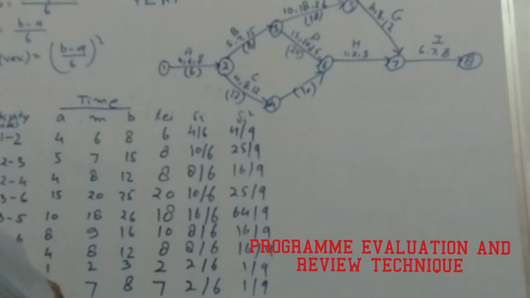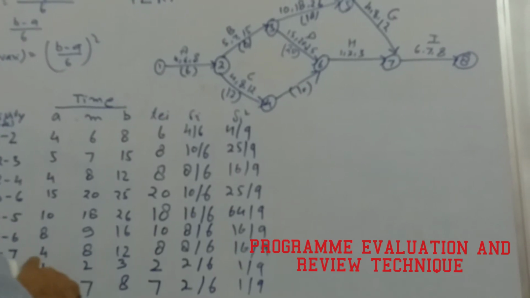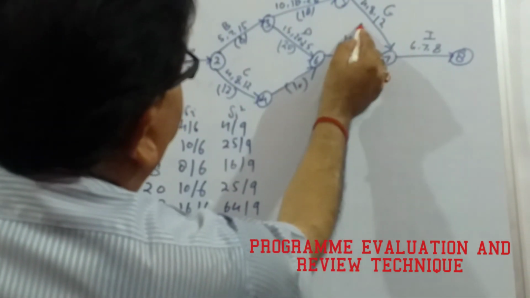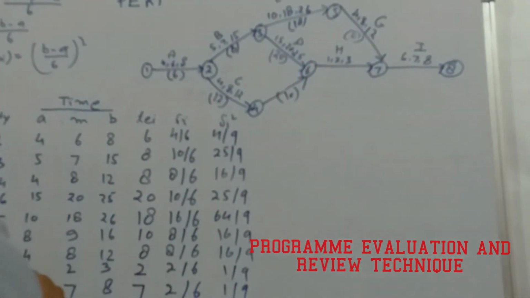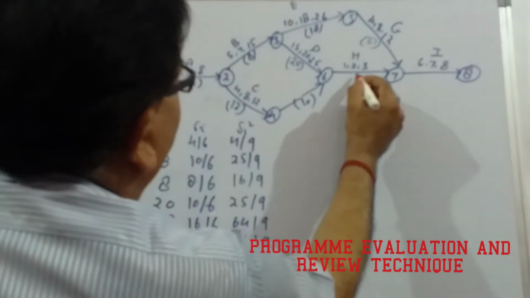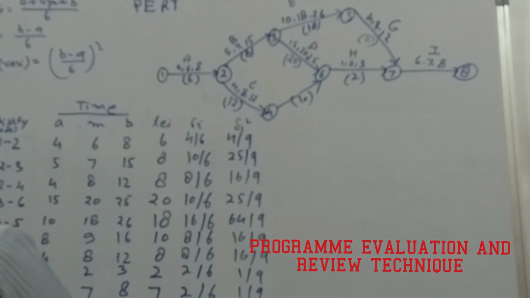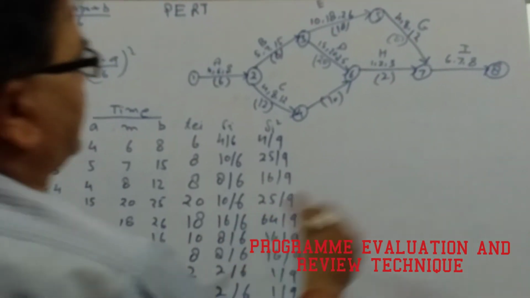In the same fashion, 5 to 7, here it is 8. And then we have 6 to 7, 2. And 7 to 8, here it is 7.